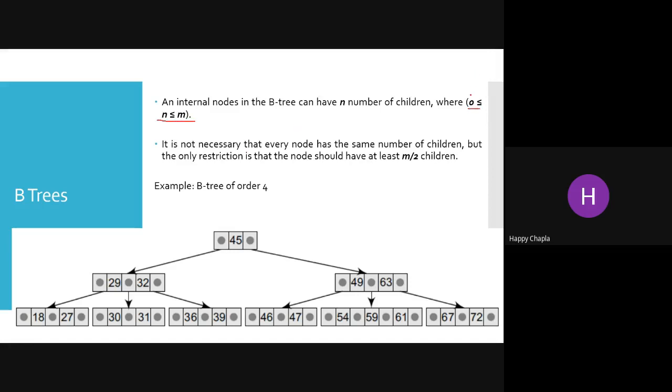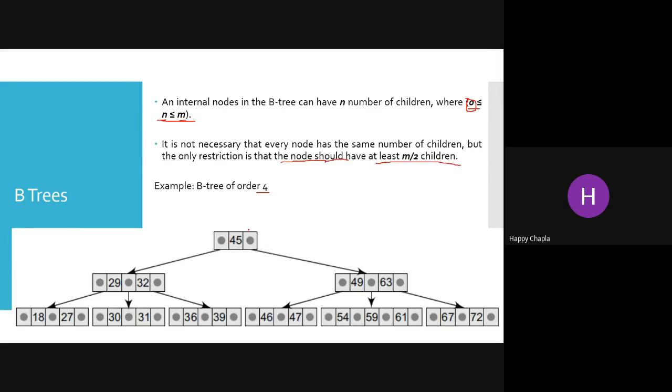That means the value should be greater than 0 and within your order of tree, that is m. m is a multi-way tree. It is not necessary that every node has the same number of children, but the only restriction is that the node should have at least m divided by 2 children.